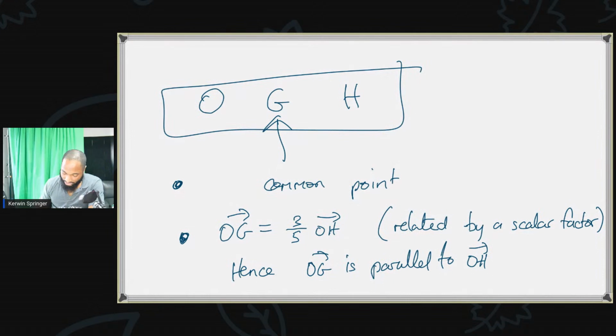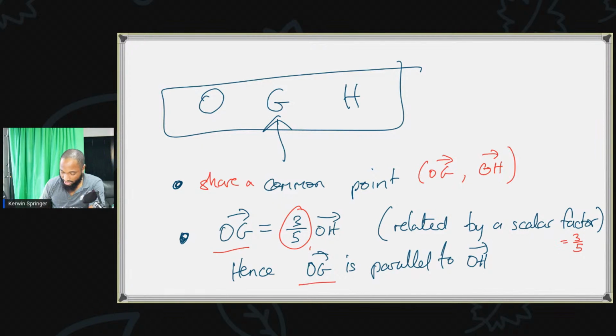This is exactly what you want to write: the vectors OG and GH share a common point, and OG is 3/5 of OH, so it's related by a scalar factor of 3/5. Hence, they are parallel to each other.